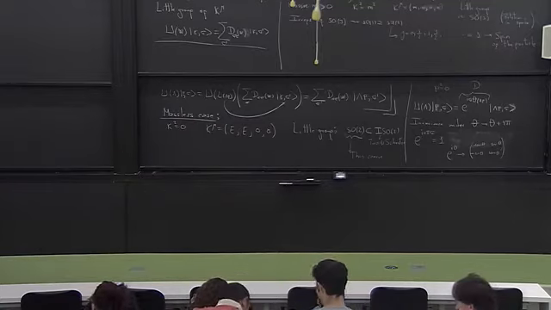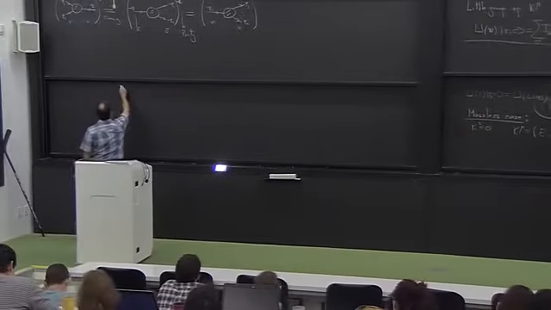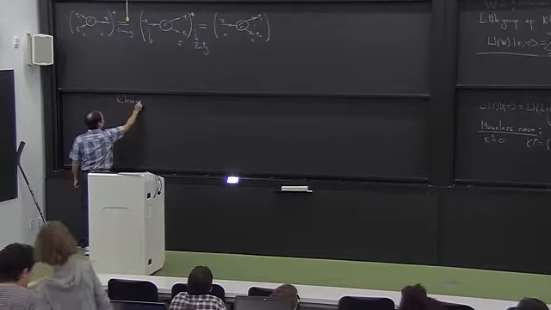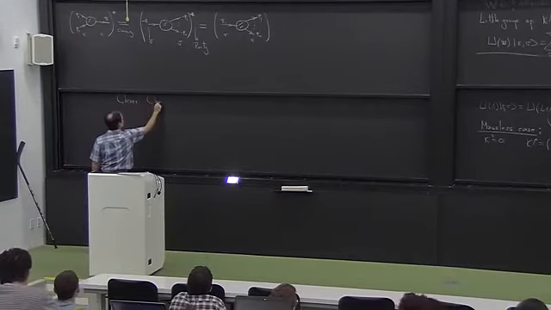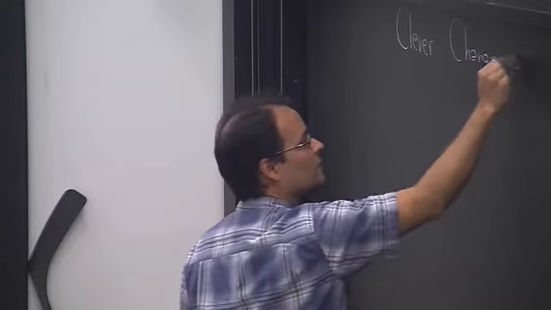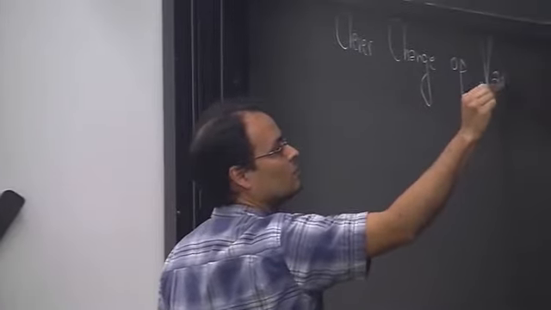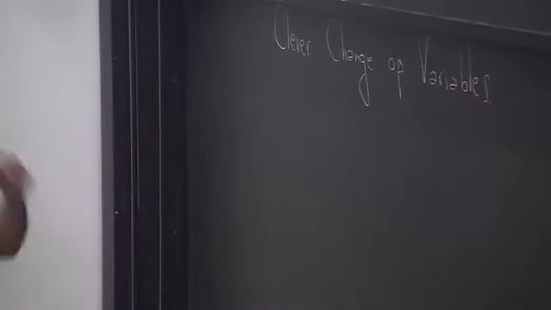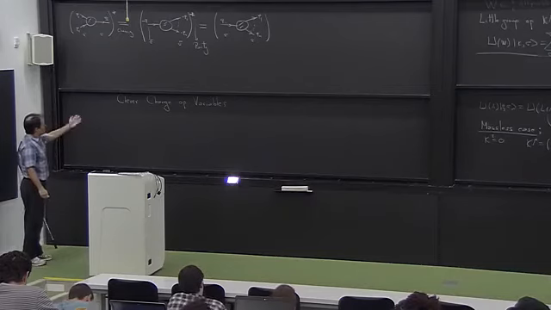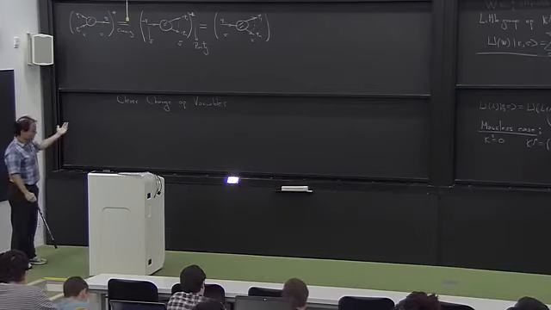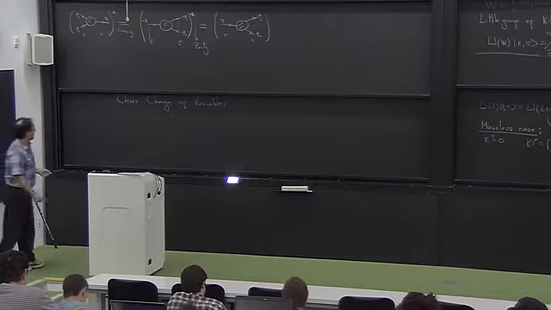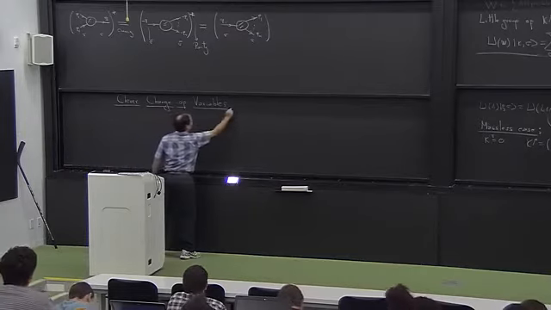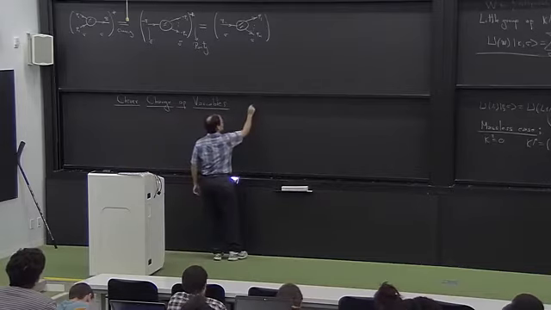Okay. So we're going to end the lecture today with something I call a clever change of variables. I'm allowed to say clever change of variables here because I didn't come up with it. In fact, this was done sometime in the 80s.